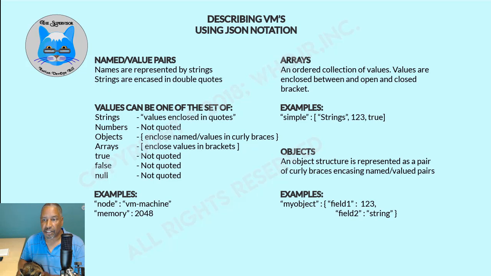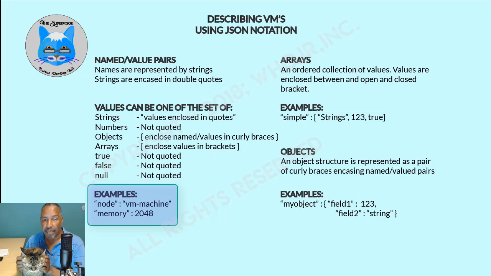JSON is a way to describe name value pairs which we can easily parse and include into the fields which we created for our Vagrant file. An example of a name value pair is right down here. We'll have a name which we'll associate a value with.